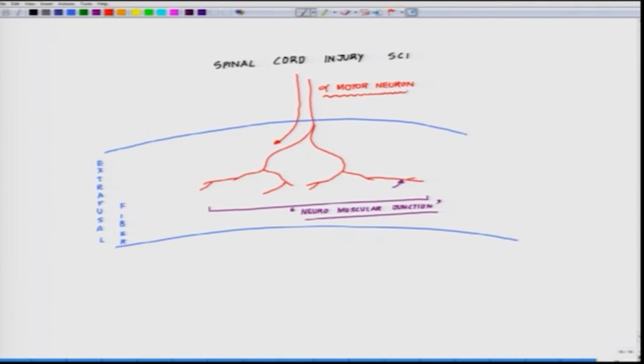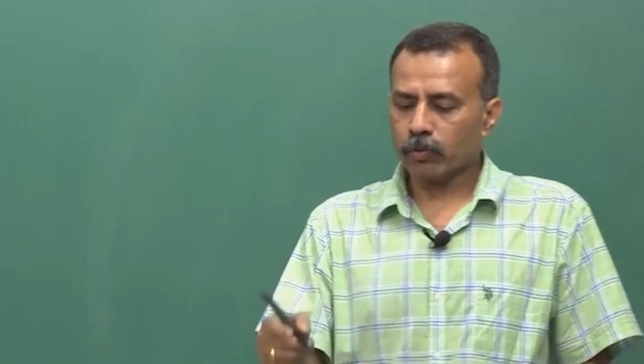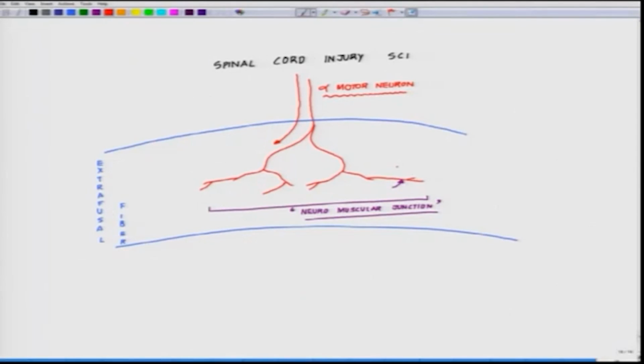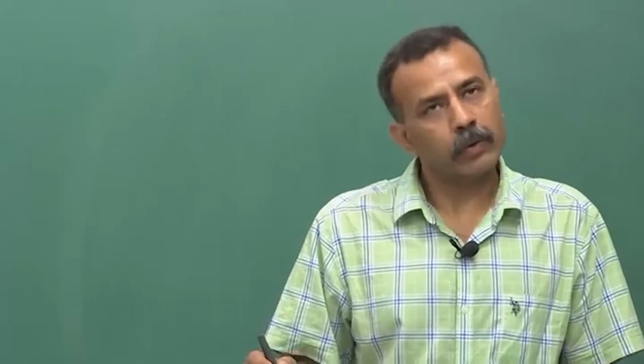Now, some form of signal transfer takes place between this alpha motor neuron and the muscle, and how that happens, that is what we are going to deal with. So, what I will do in this class is close here. In the next class, we will talk about the detailed architecture of this spot and how this is being regulated. Okay. Thank you.